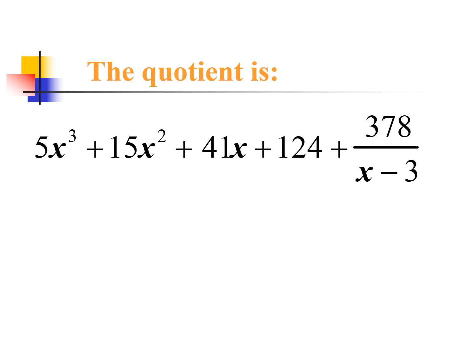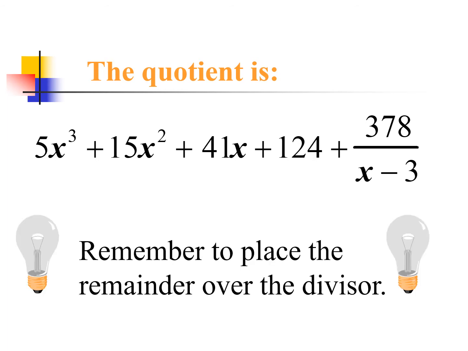So basically 4 minus 1, that would give us a difference of 3. So we begin with a degree of 3. So 5x to the power of 3 plus 15x squared plus 41x plus 124 plus the remainder, 378 over x minus 3. Remember to place the remainder over the divisor.